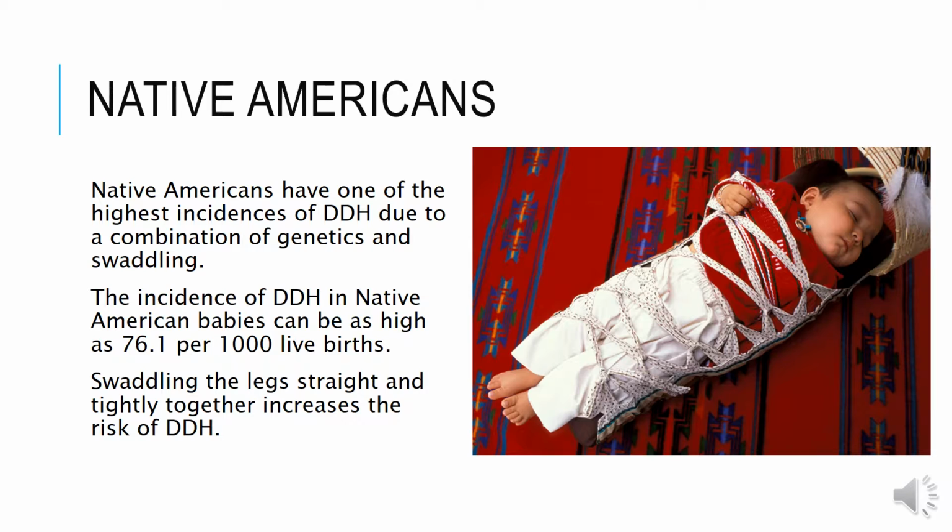That's really substantial. They swaddle the legs straight and put the babies on a papoose board to transport them, and the position that puts the hips in is really detrimental for the development of healthy hips, and that's one of the reasons why they have such a high incidence of DDH.